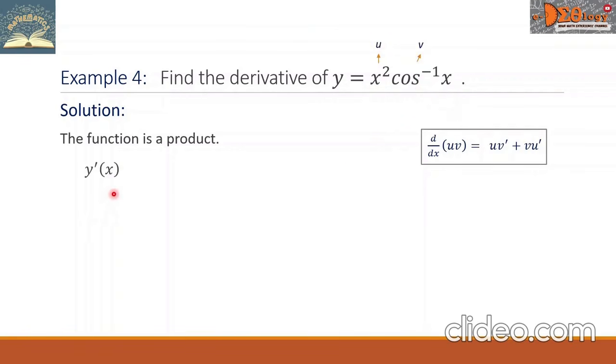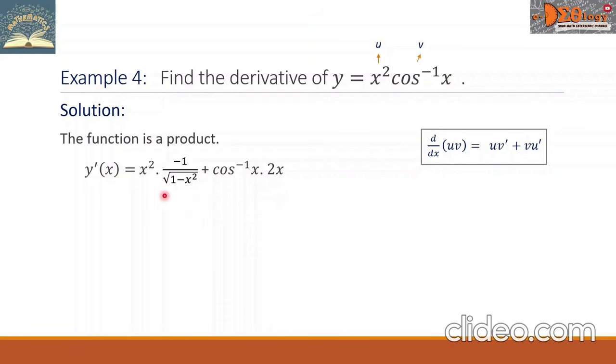Now the derivative, we copy the u, that is the x squared, times the derivative of the cosine inverse x. So we write here negative 1 over the square root of the quantity 1 minus x squared, plus we copy the v, the cosine inverse x, times the derivative of u, that is x squared becomes 2x.